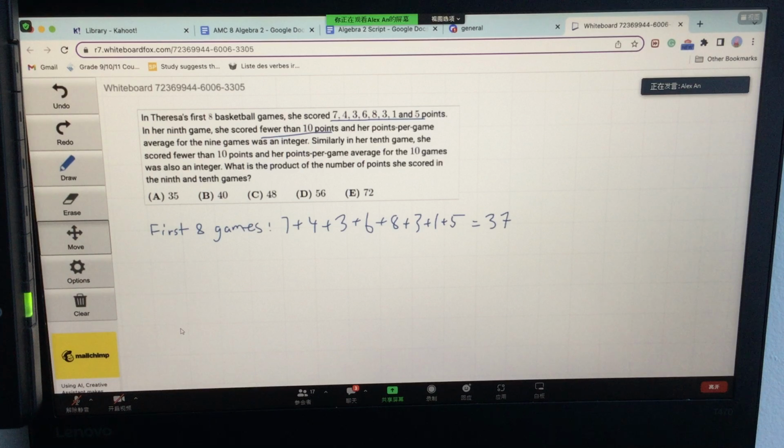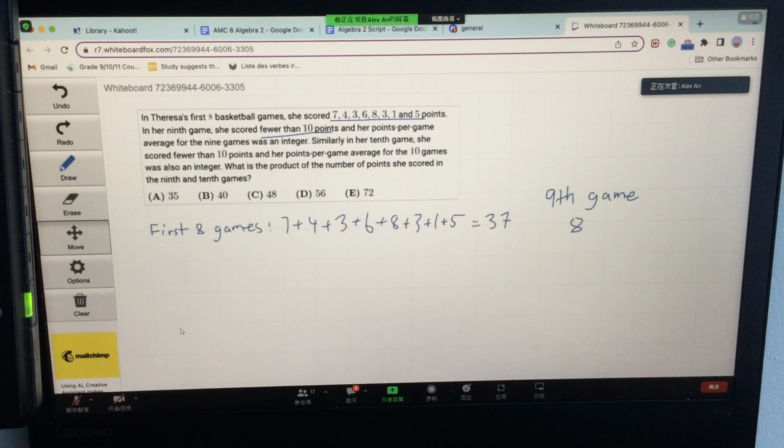And so that means that the total number of points for 9 games must be divisible by 9. And the only number we can add to 37 to get a multiple of 9 that is also less than 10 is 8. So her ninth game must have been 8 points, because if we add 8 to this, we get 45, and that's a multiple of 9.